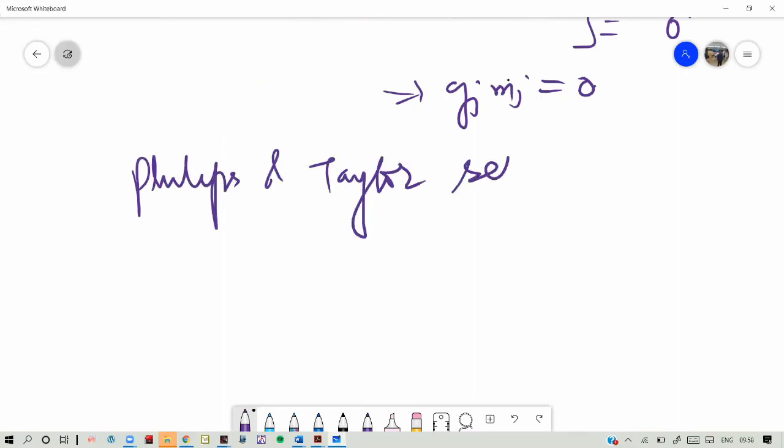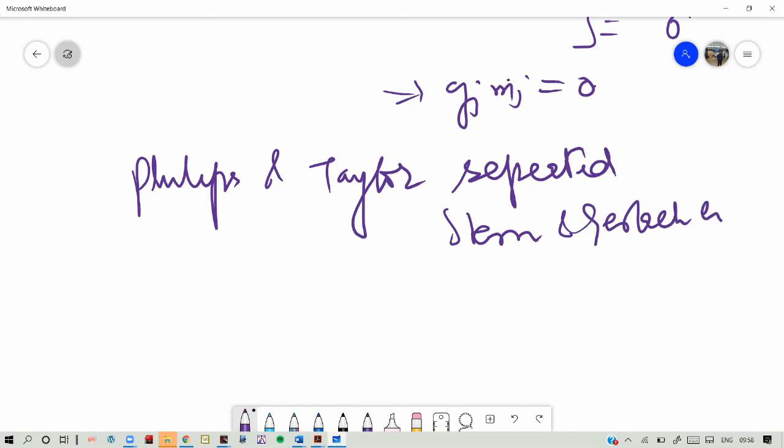There's only one electron, and they again found that there were two traces. J was L plus minus S, and 2J plus 1 is equal to 2.